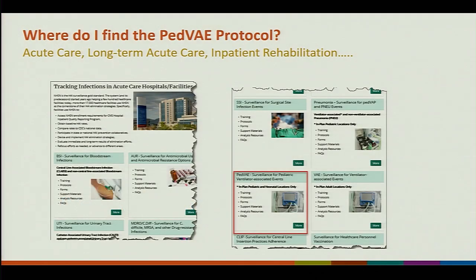So let's take a look at it. You will find the PedVAE protocol on the acute care facility pages, long-term acute care, and the inpatient rehab facilities. It's right next to VAE, and comes right after pneumonia.